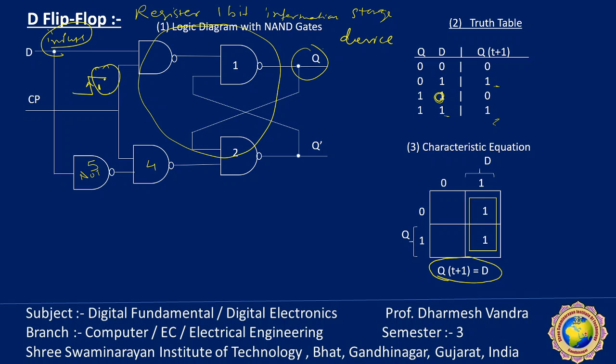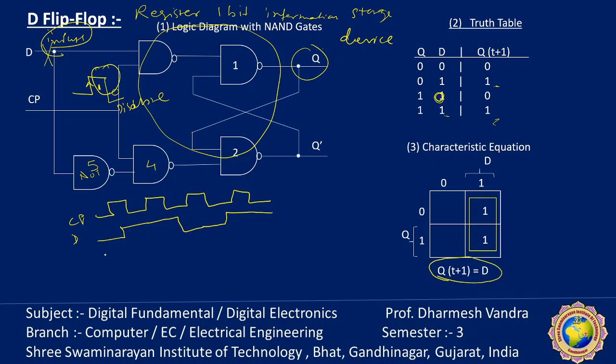When the clock pulse goes to 0, the circuit is disabled and it stores the previous value. It does not depend on D. Let's see. Suppose the clock pulse is a continuous square wave, and my D input is like this.